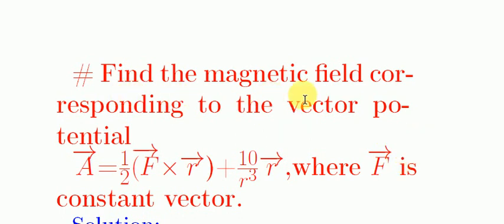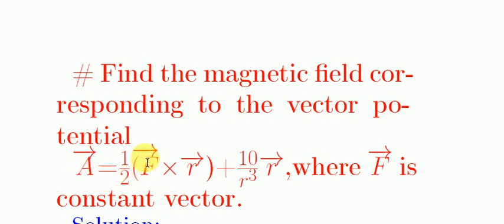Find the magnetic field corresponding to the vector potential, where f is a constant vector and r is the position vector, and this is the magnetic vector potential. We have to calculate the corresponding magnetic field.